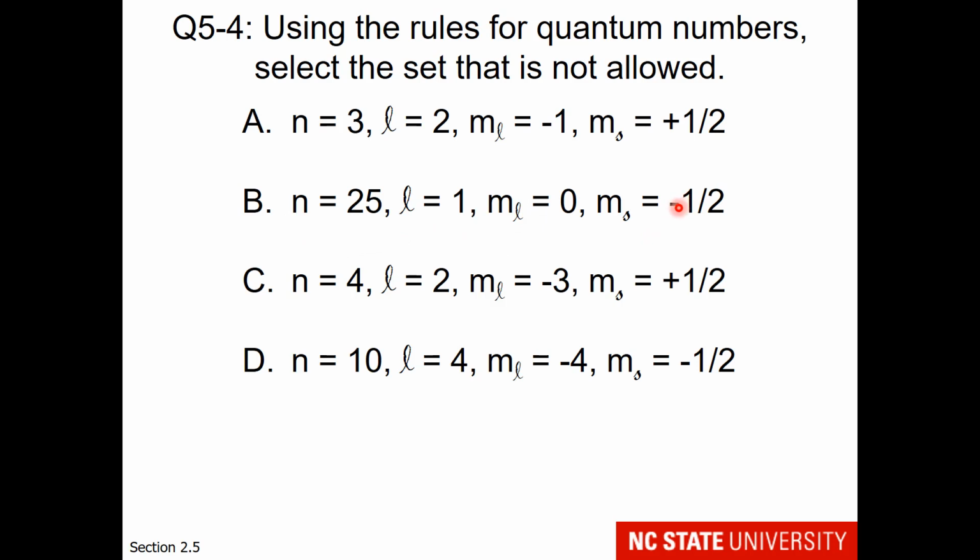So try and find one where it's not acceptable. And as a hint, for this question, look at the relationship between L and M sub L. You're going to find a problem.